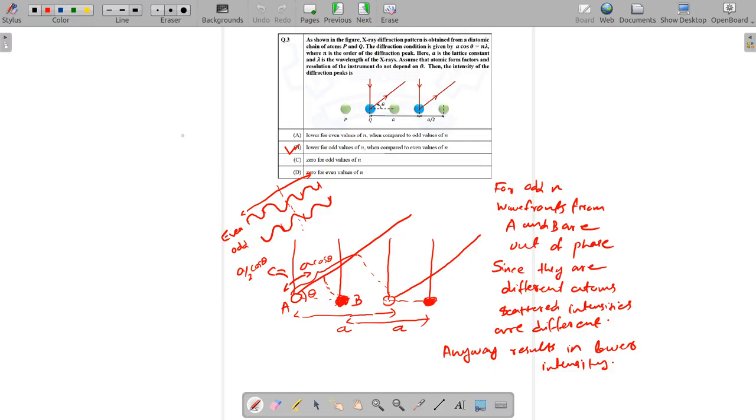Okay, so the idea is that you have 2 types of atoms, and there is a diffraction pattern happening due to both, A and B both can cause this.